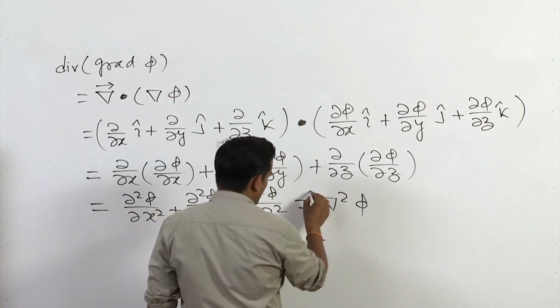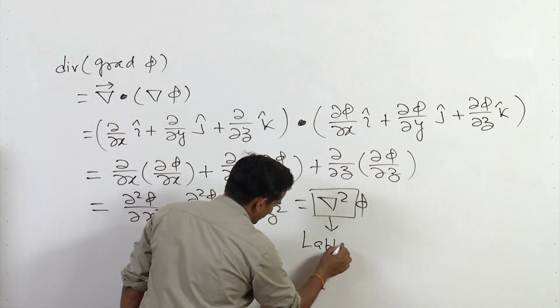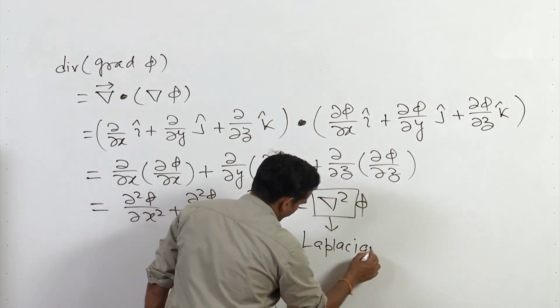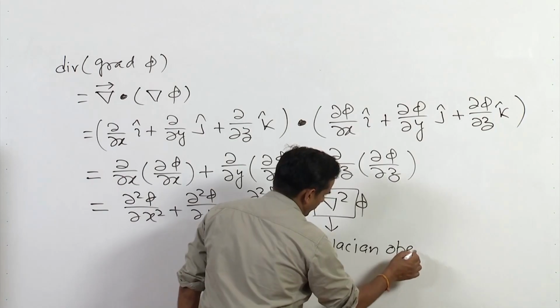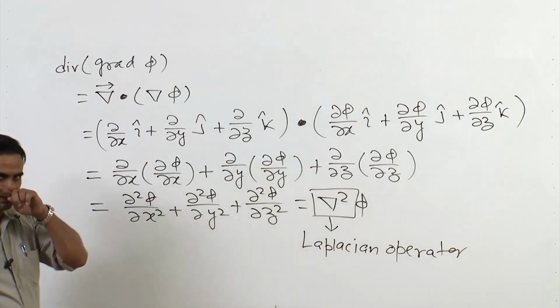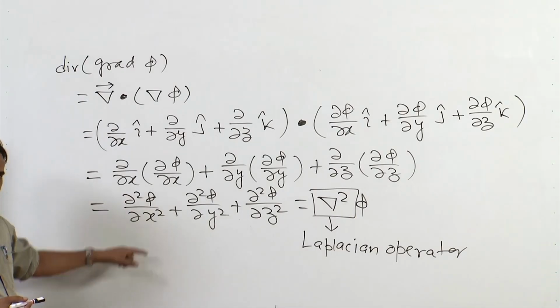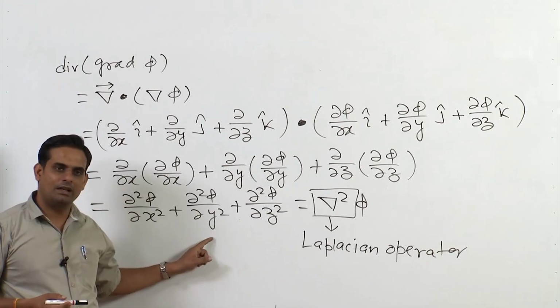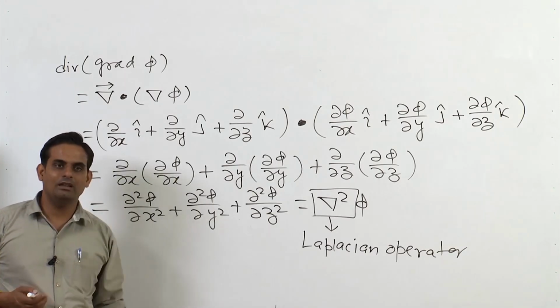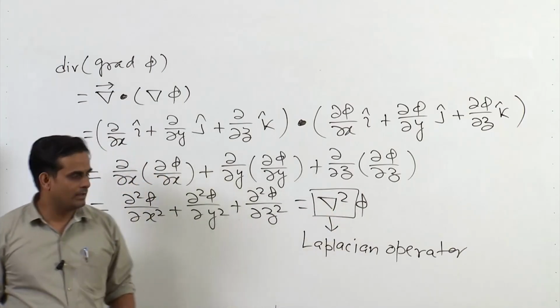This particular operator is called the Laplacian operator. Basically the Laplacian operator is del square over del x square plus del square over del y square plus del square over del z square, and is denoted by this.